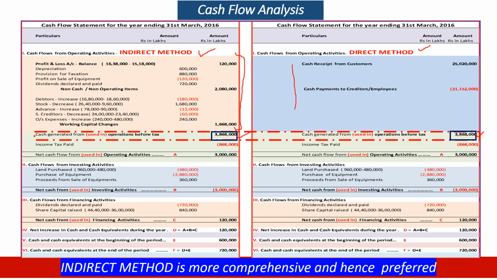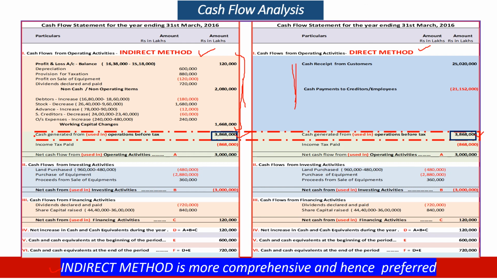Always more transparency comes when you give a flow with breakdown. When you consolidate, it may be convenient, but for an investor, it is not that transparent. Therefore, indirect method is more comprehensive and hence it is preferred.